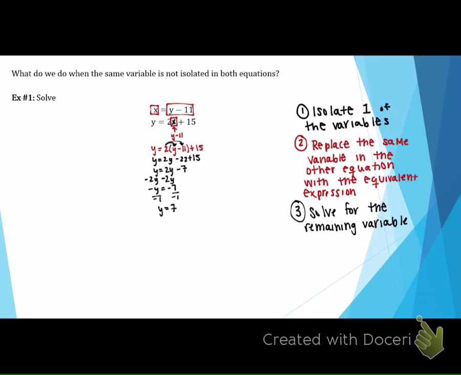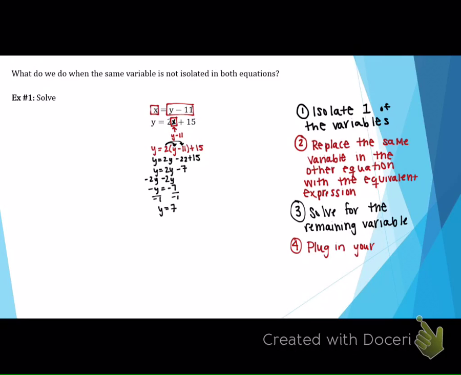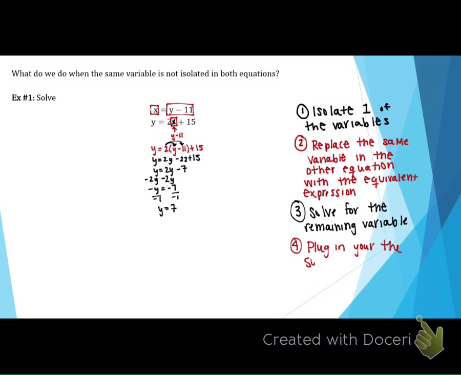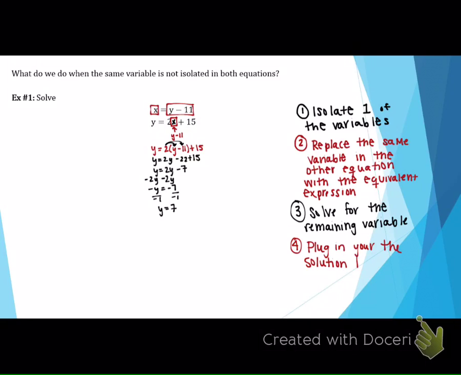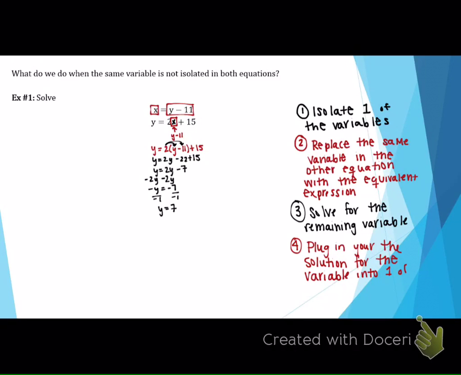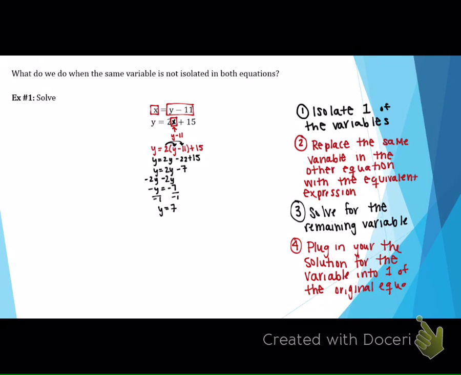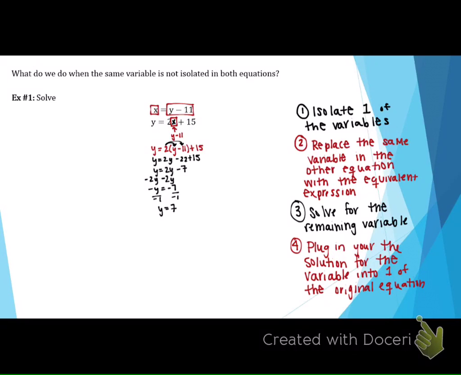So what you're going to do then is plug in your solution for the variable into one of the original equations. So we'll plug that in next.